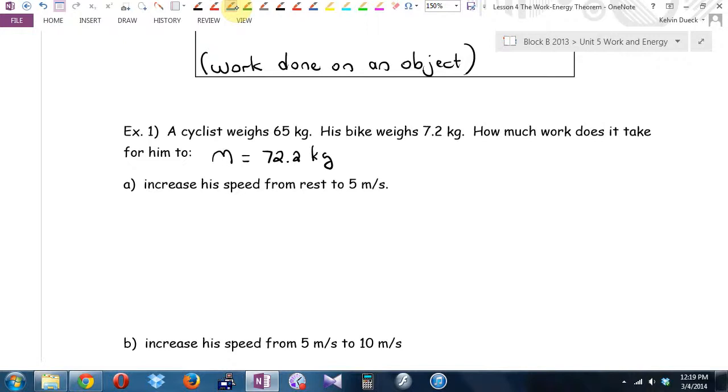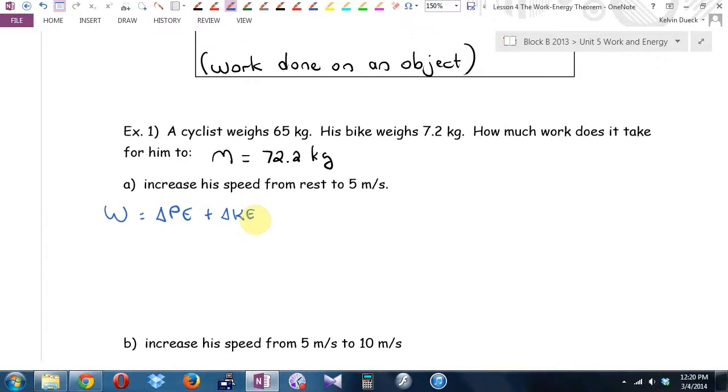Oh, work is also the area under a force versus distance graph. My third definition of work, the new one today, the work energy theorem. Work is equal to change in potential plus change in kinetic. And by change in potential, that means you're either storing energy, like in a rubber band or in a bow and arrow or something like that, or you're changing your height due to gravitational.